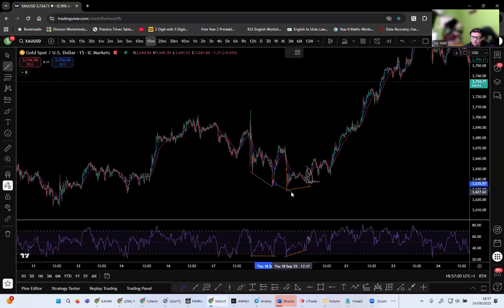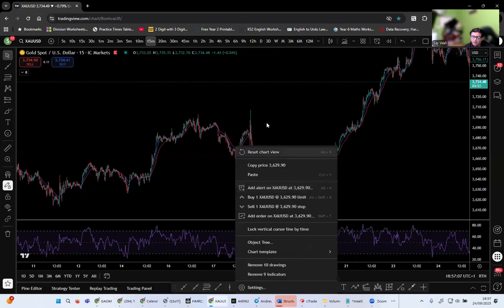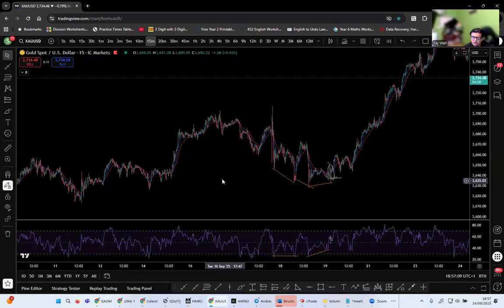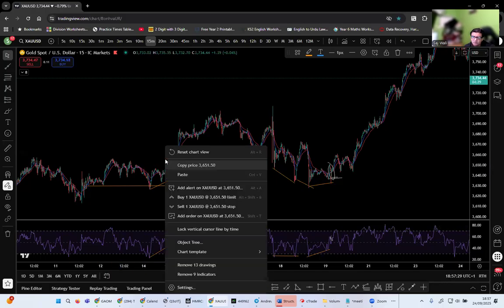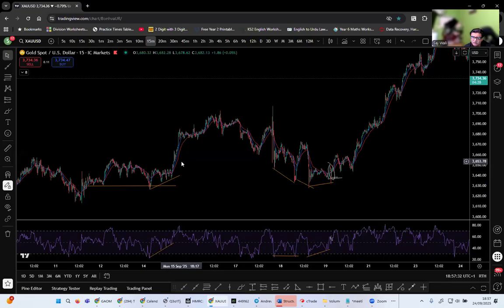So in gold, we are finding very good examples. Here was a divergence as well. Although they both go in the same direction, look where the market took liquidity here. And then when the RSI is above 50, and there's a crossover as well, you can use this as a confirmed divergence.